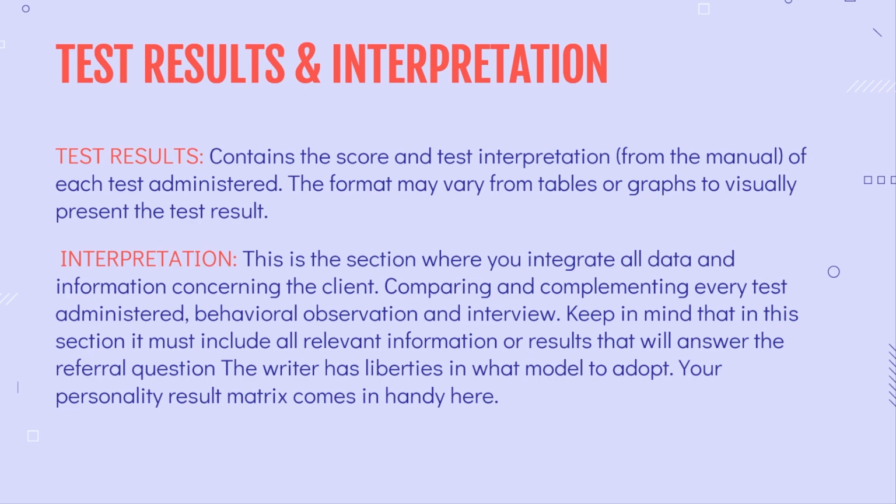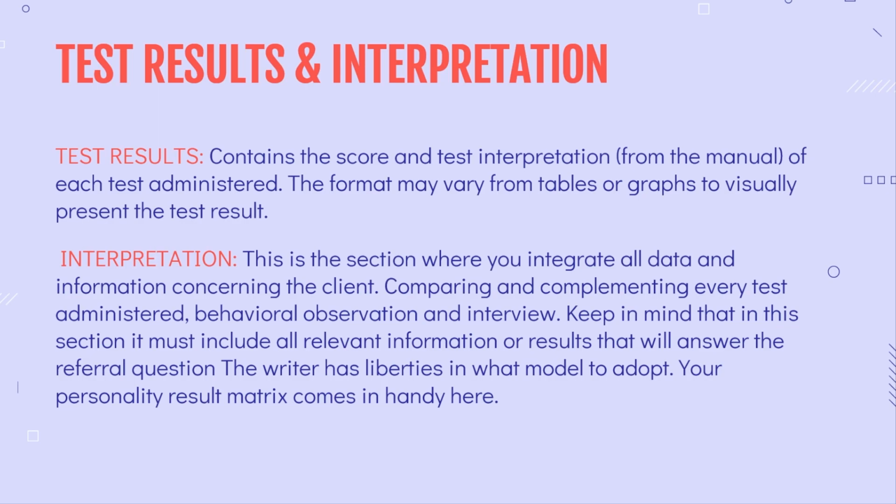Interpretation is the section where you integrate all data and information concerning the client, comparing and complementing every test administered, behavioral observation, and interview. Keep in mind that in this section, you must include all relevant information and results that will answer your referral question. The writer has liberties in what model to adopt.